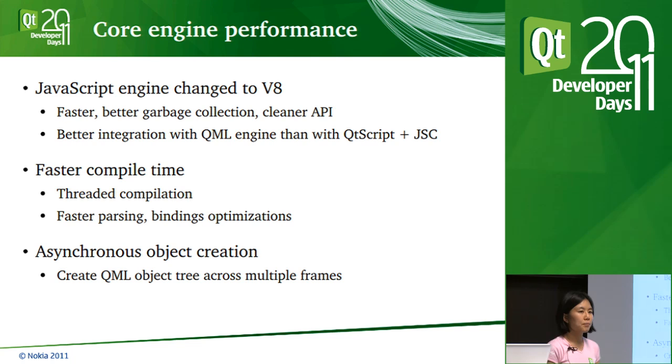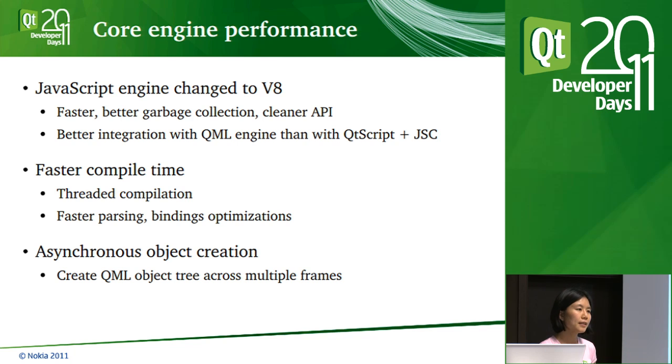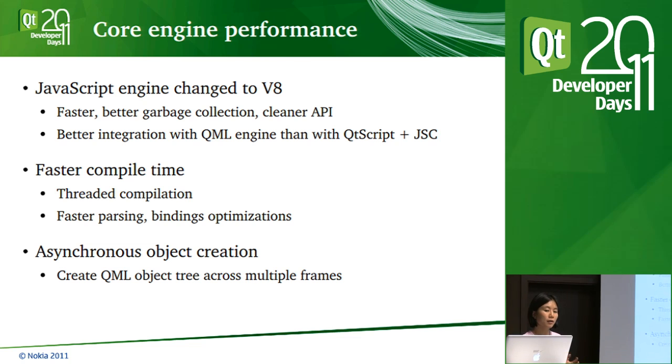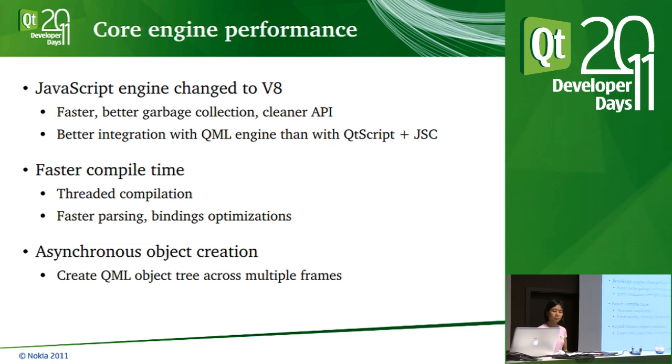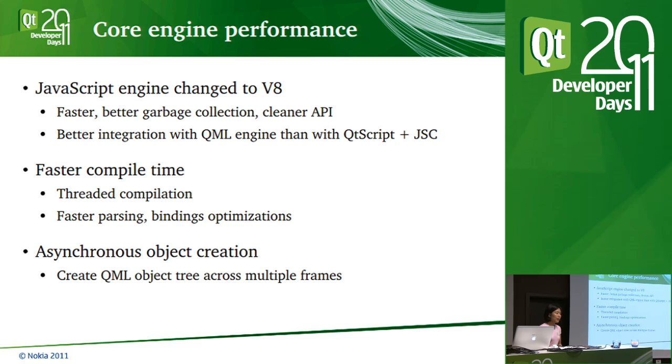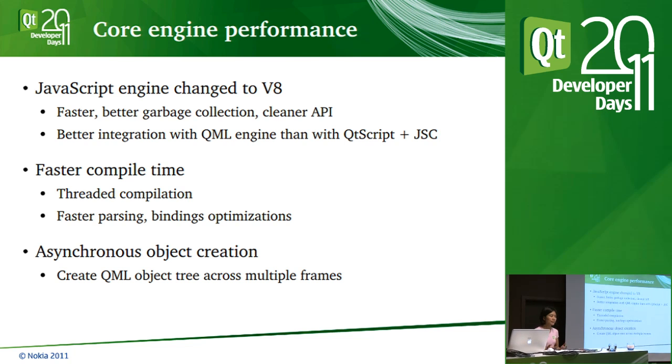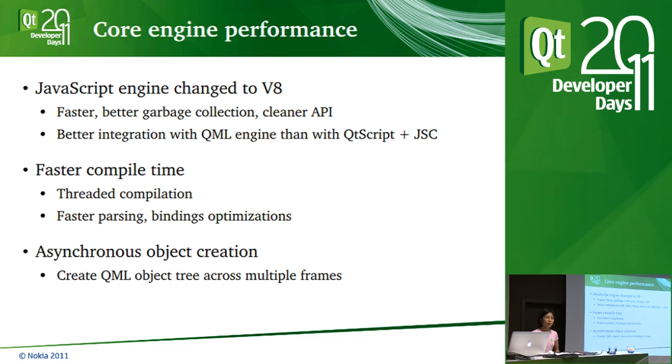We've also done some other major work to improve performance in QtQuick 2. Instead of using JavaScriptCore as our JavaScript engine, we're now using Google's V8 JavaScript engine, which is used in Chrome. And with our testing, we just found it to be faster and more memory efficient. It's got better garbage collection, and it's got a cleaner API that we can integrate directly with from our QML engine.